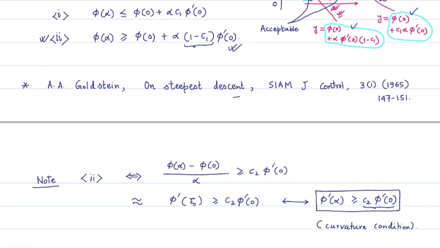Now you notice that as condition 2 is closely related with this condition, we can replace condition 2 by this condition to ensure not too short step length. In fact, use of this condition gives us a side benefit.